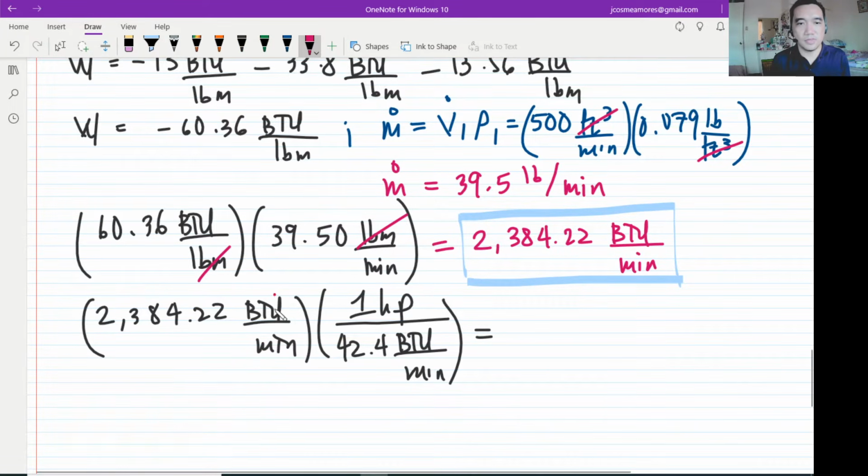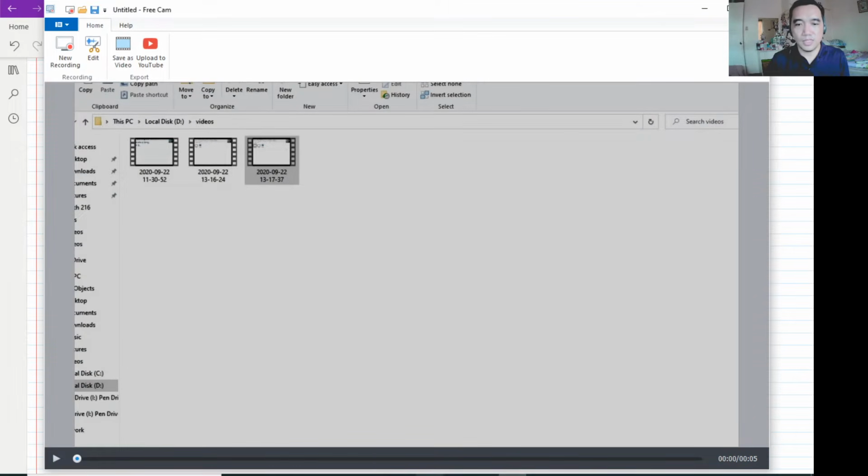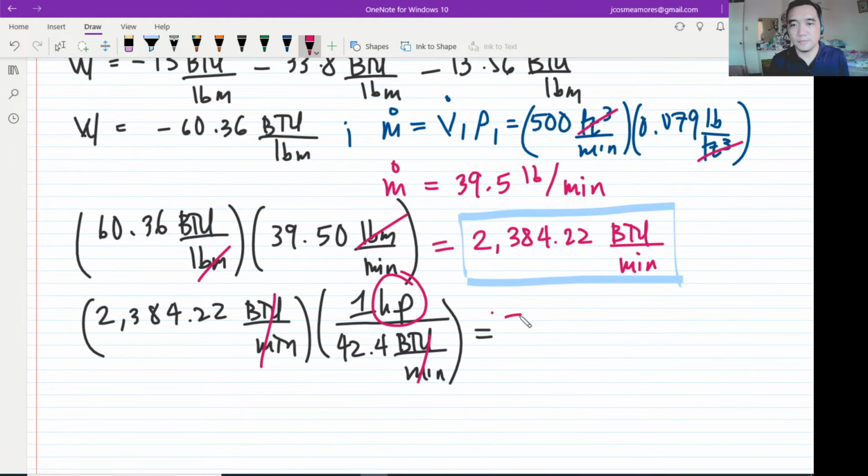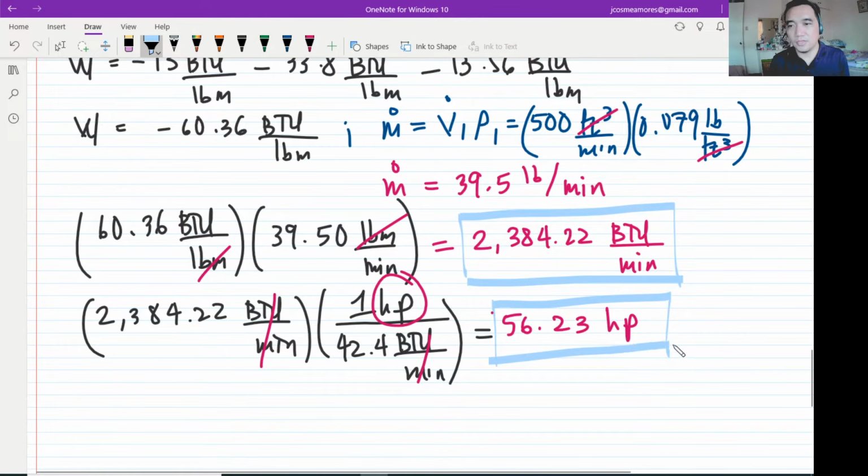Cancel, and then we have horsepower as our unit. So 2384 divided by 42.4 is 56.23 horsepower. Okay, so that is the work in BTU per minute and in horsepower.